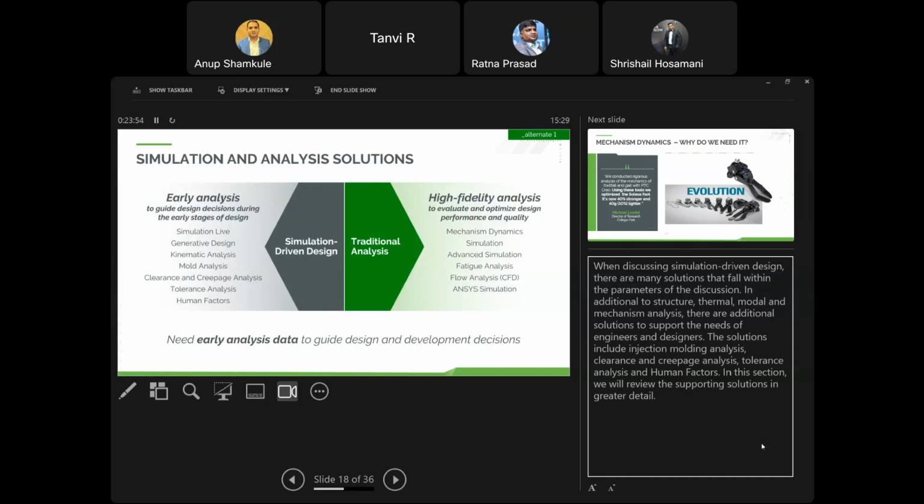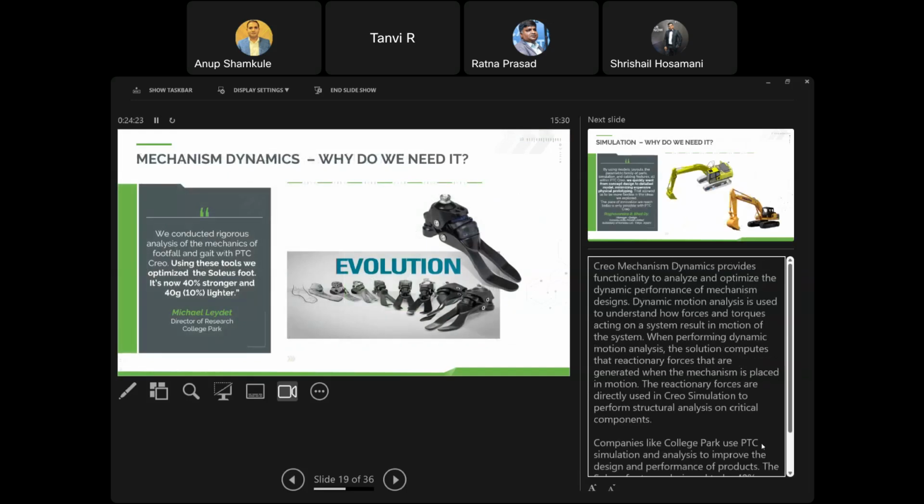In addition to structure, thermal, or modular mechanism, there are additional solutions to support in depth other requirements. Here in our simulation driven design, we discussed mold analysis, clearance and creepage, tolerance, human factors and all that. Now let us see what high fidelity analysis is available in terms of the other traditional types of analysis that we will be doing.